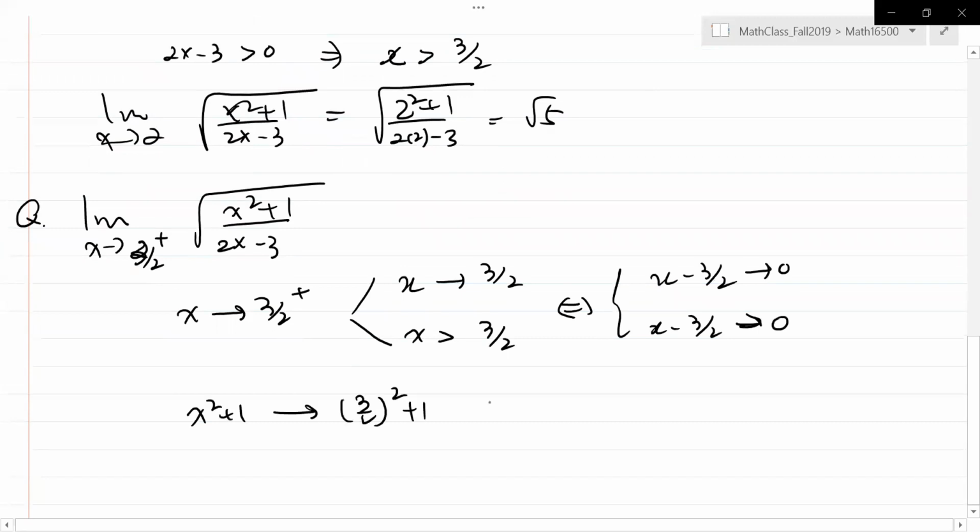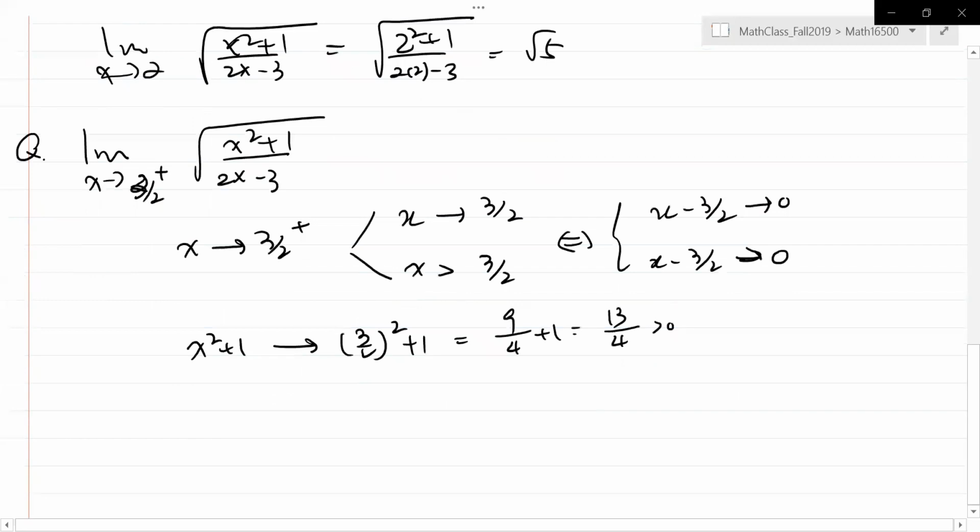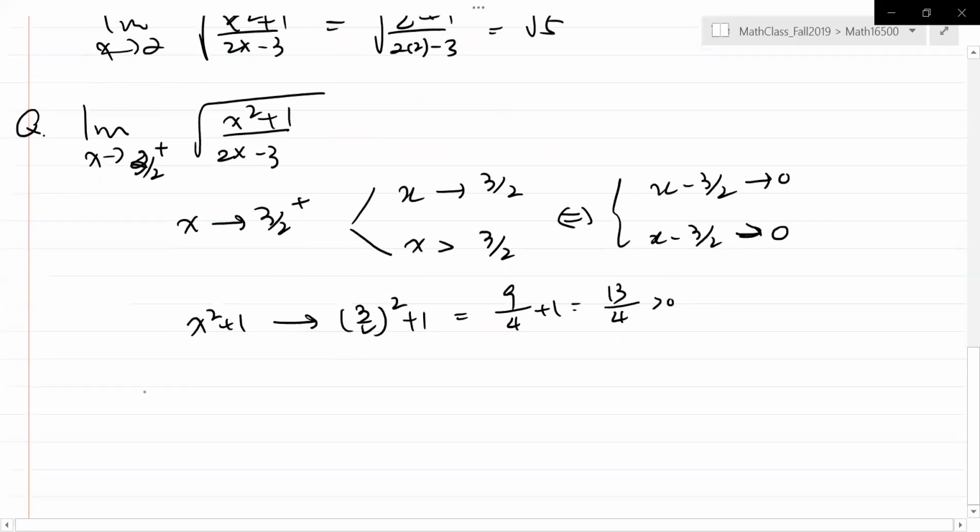At least first of all, for the numerator, I know that x squared plus 1 approaches (3/2) squared plus 1, which is 13/4. It's a positive number. But how about the denominator, 2x minus 3? 2x minus 3 approaches 0 from the positive side, so I use the notation 0 plus.